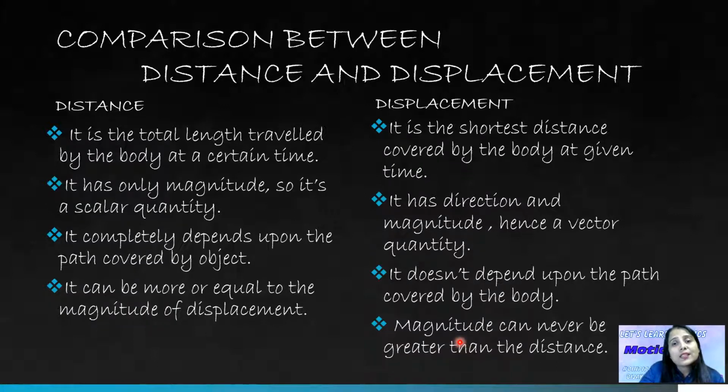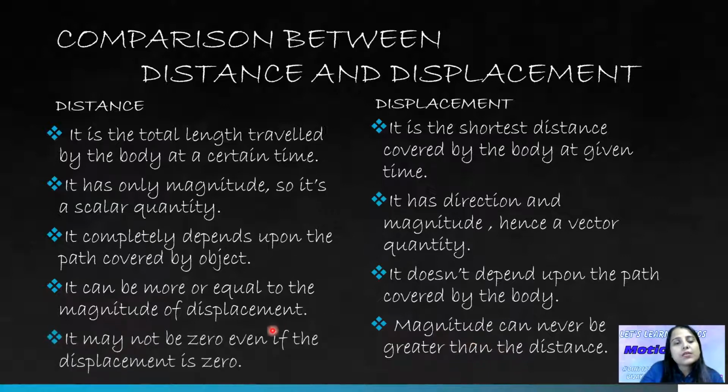How? You will understand in the next slide. Magnitude can never be greater than the distance. Remember, in displacement, its magnitude can never be greater than distance. Now, even if the displacement is 0, distance can never be 0.